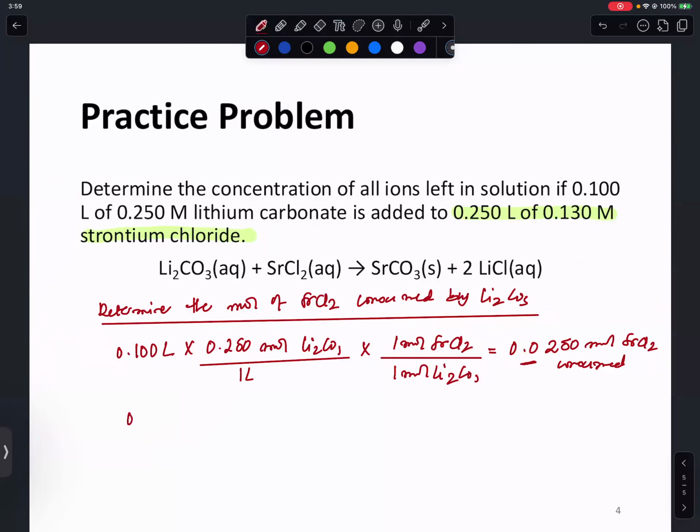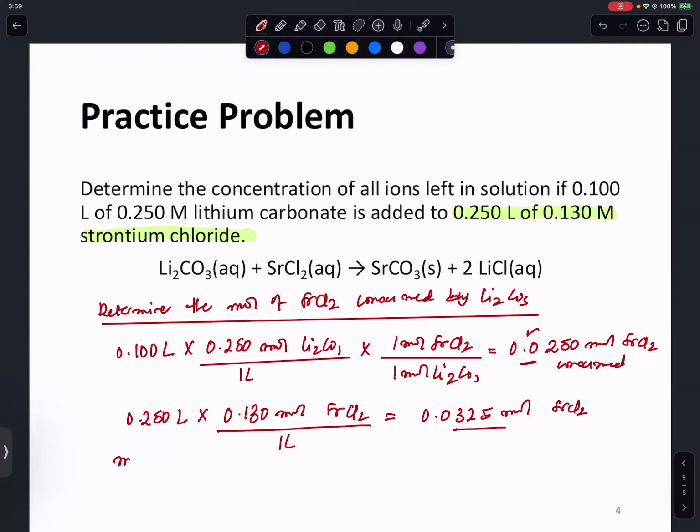So I have 0.250 liters times 0.130 moles of strontium chloride in 1 liter. I'm calculating it with you in real time. And I have here 0.0325 moles.